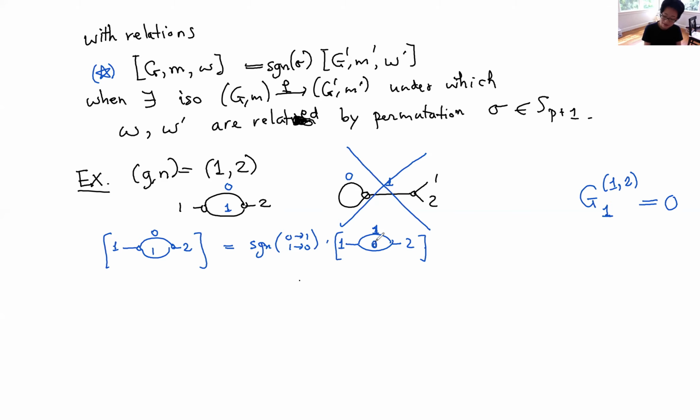But of course, this thing on the right is the same thing as this thing on the left. So that says that this generator is killed, since the sign of a transposition is -1.